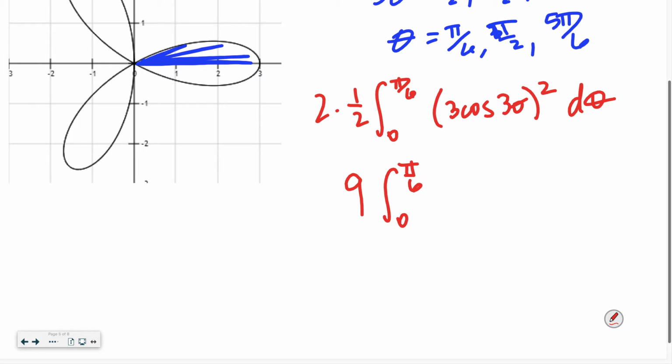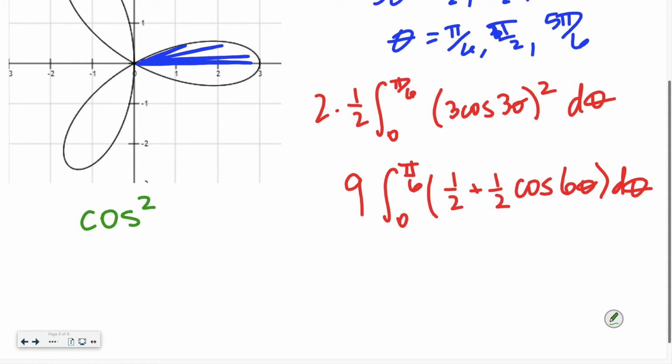Once again, we're at a cosine squared. We can't take the antiderivative of that. So we would have to change it to 1/2 plus 1/2 cosine of 6 theta. We double the angle. How? Is that the rule? Yeah, so cosine squared x is 1/2 plus 1/2 cosine 2x.